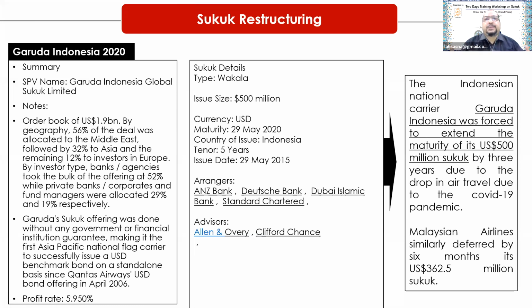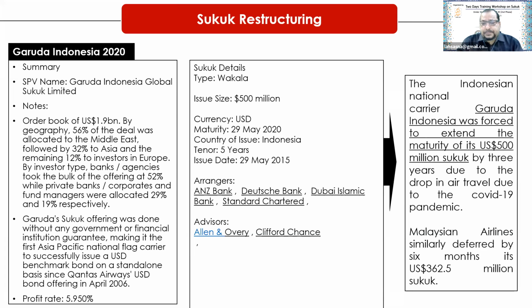I think everyone knows that the most impacted sector in the economy is tourism, traveling, and airlines. Some of them shut down, and it is expected that airline Sukuk issuances will face this problem. So Garuda was issued in 2020, and they requested rescheduling to extend another 3 years because of the COVID-19 situation.